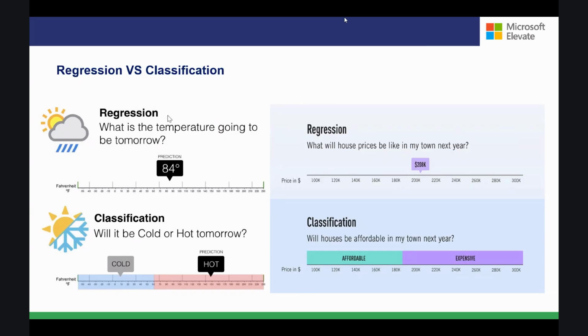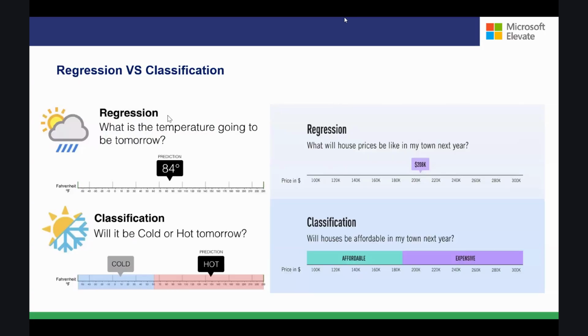In both these examples, giving the numerical output as a temperature, 84 degrees Fahrenheit, as a house value, $208,000, that is okay. But don't you think this classification, whether this 84 degrees is hot or cold, $208,000 is expensive or affordable?